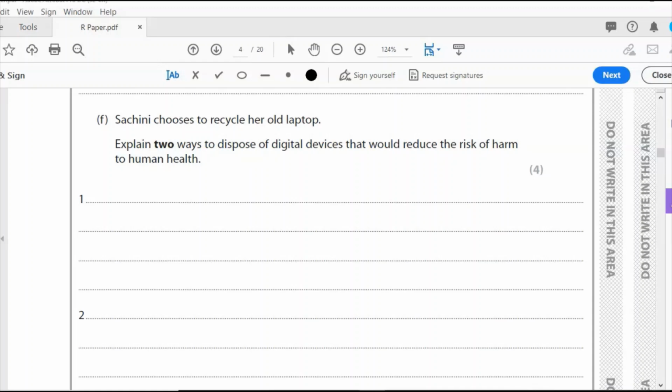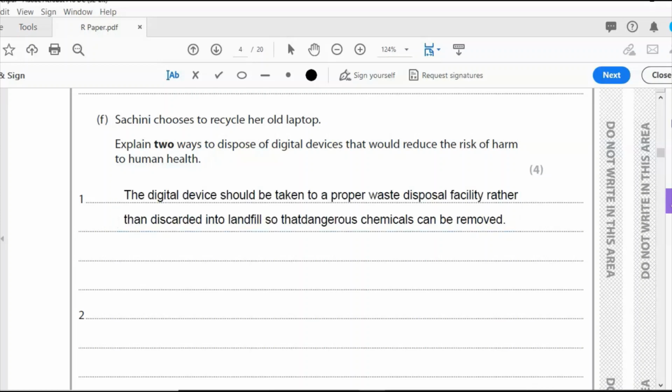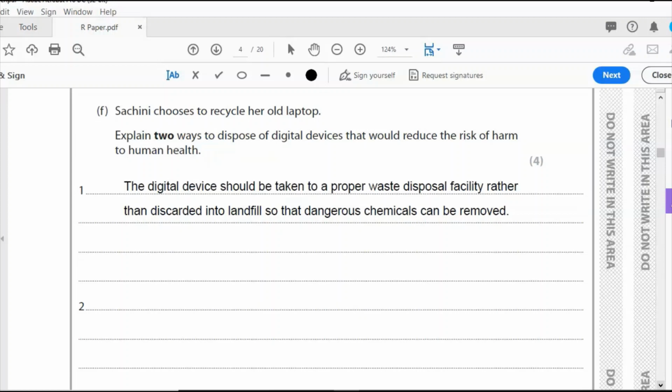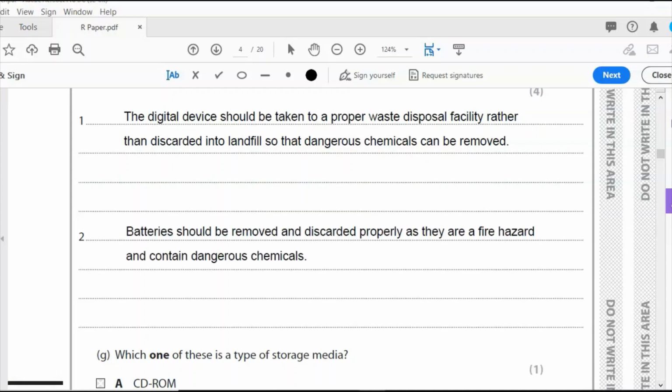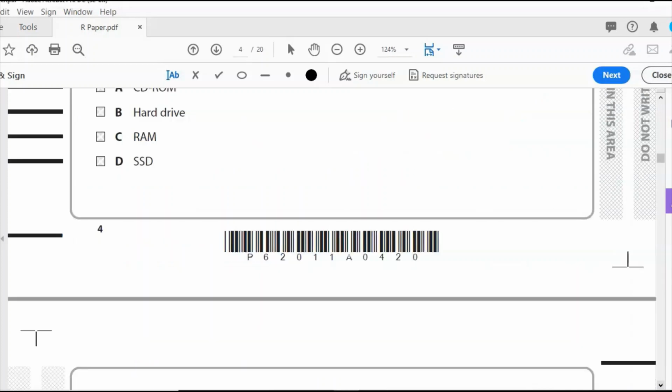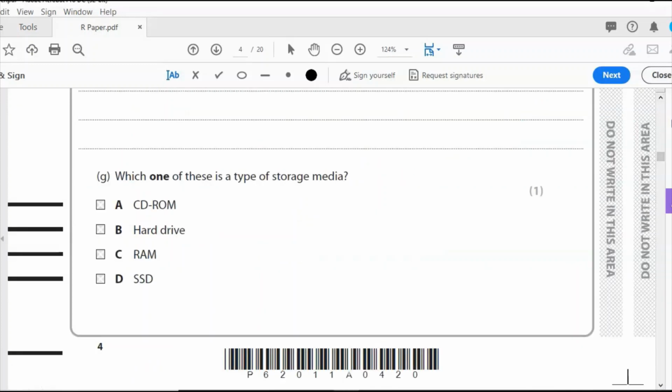So the first point for 4 marks is, the digital device should be taken to a proper waste disposal facility rather than discarded into landfill, so that dangerous chemicals can be removed. My second point is that batteries should be removed and discarded properly, as they're a fire hazard and contain dangerous chemicals.